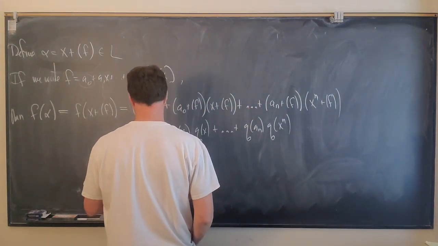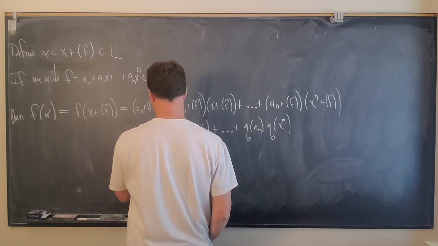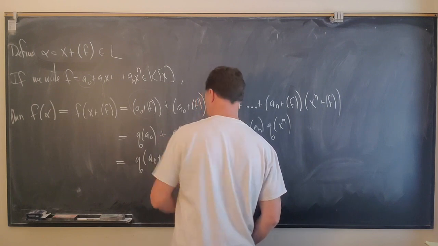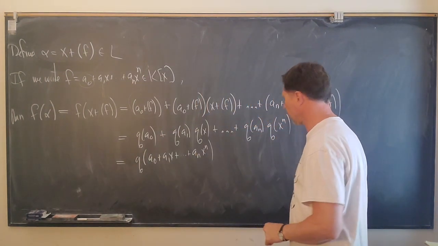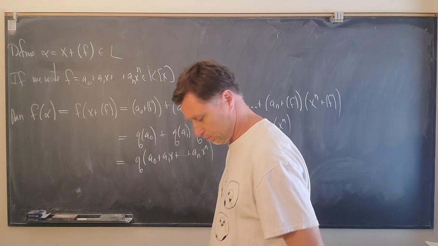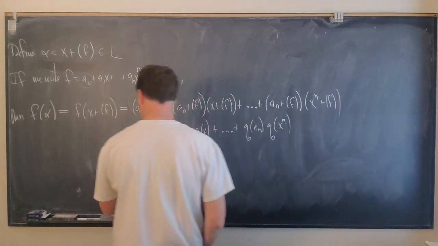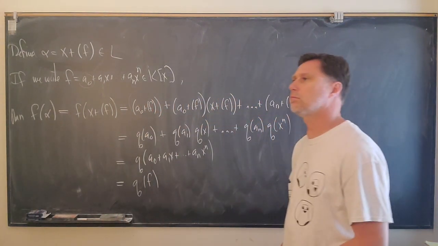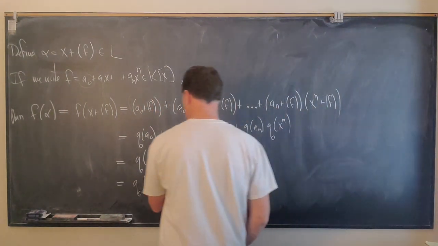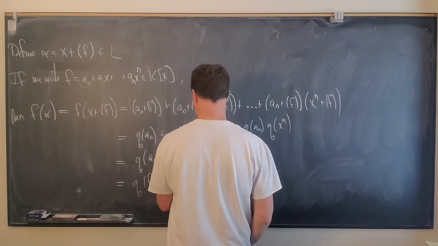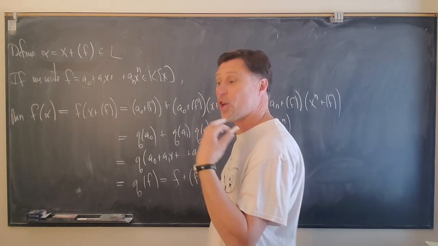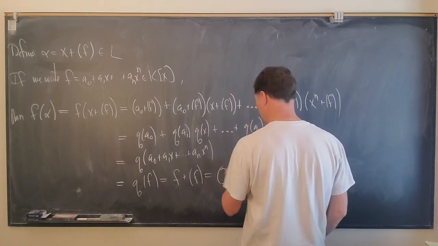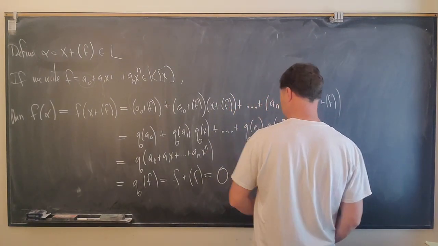This is q of a0 plus a1x plus dot dot dot plus an x to the n, which is q of f, which is f plus the ideal generated by f. But that's the identity coset within k. So this is equal to 0. Here, this is in L, of course.